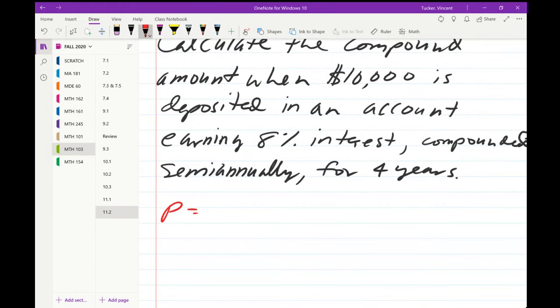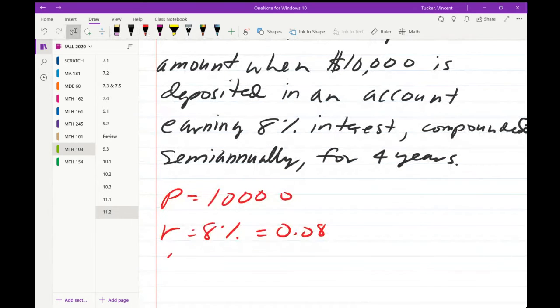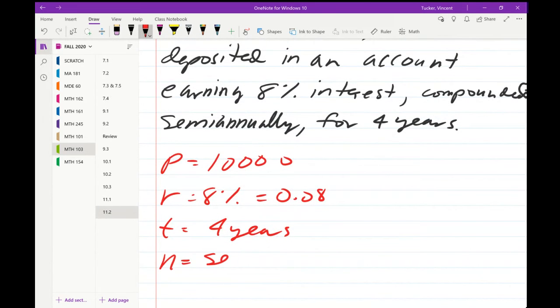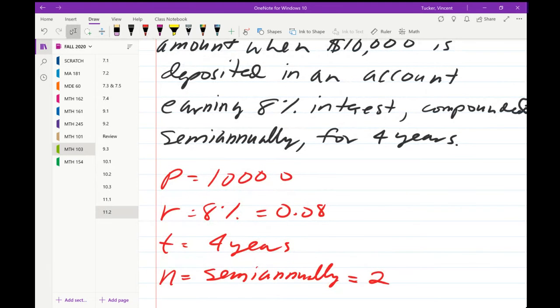All right, so you write down the pieces that you know. P is 10,000. R is your 8%. T is 4 years. All right, so make sure we don't have any questions. And since it's semi-annually, that means n would be 2.